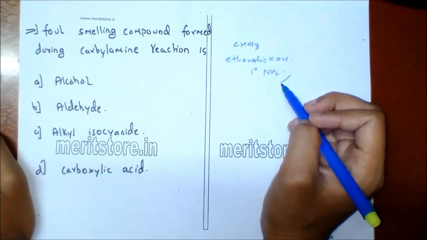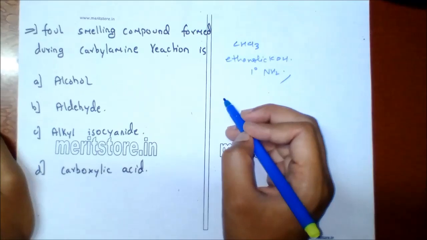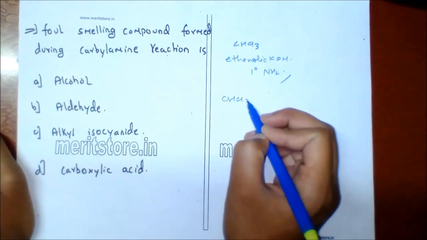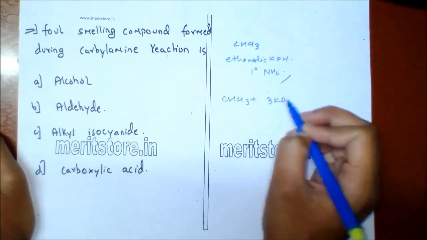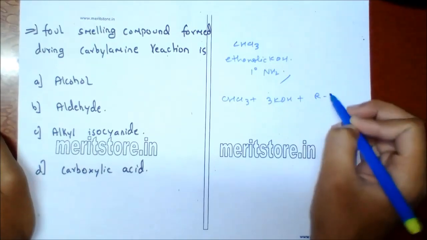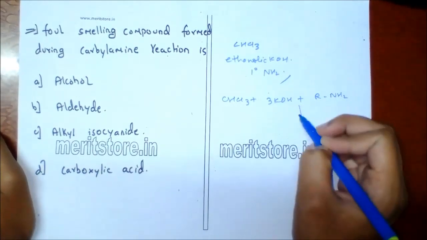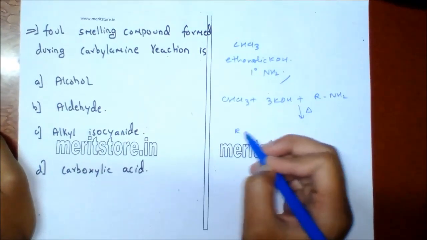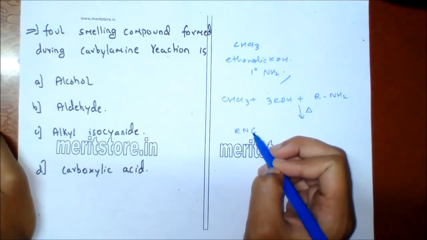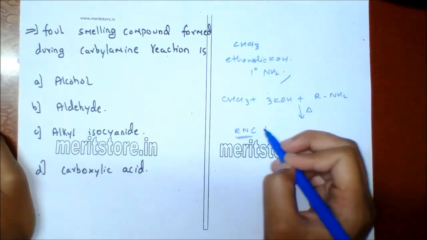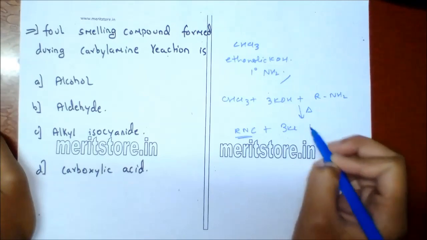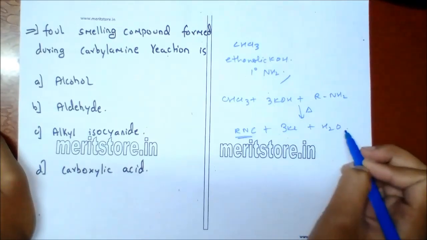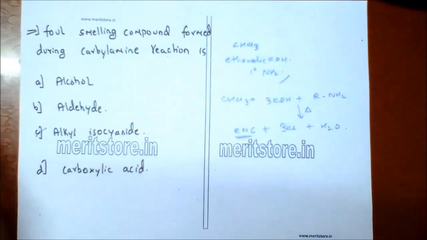This is known as the carbylamine test. So chloroform with potassium hydroxide plus primary amine on heating gives RNC, which is alkyl isocyanide, a foul smell, plus 3KCl plus water. So option C is the correct answer.